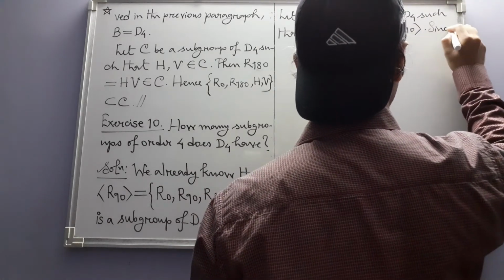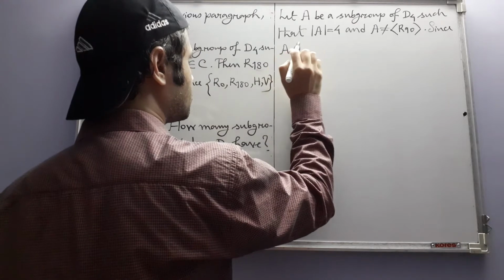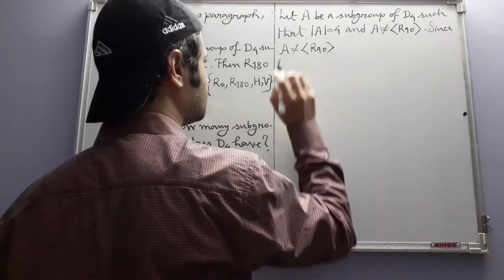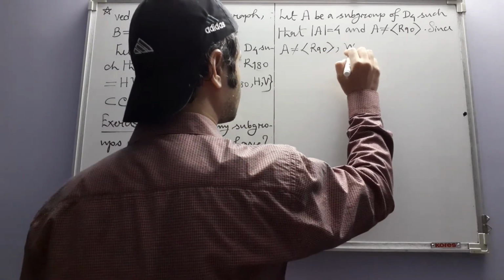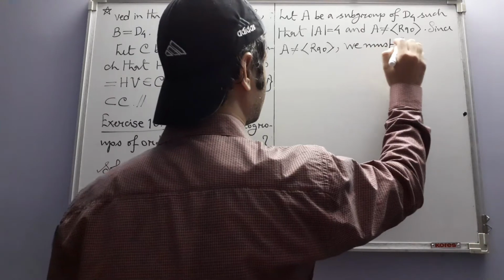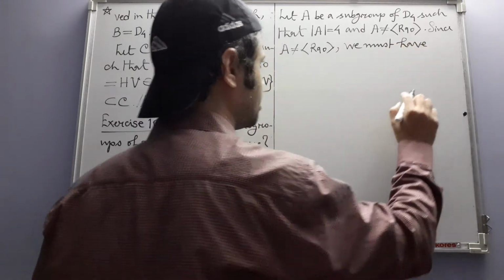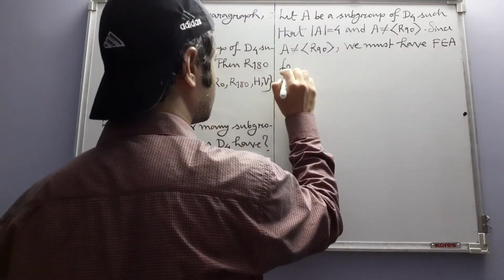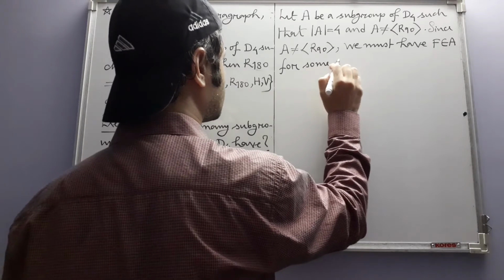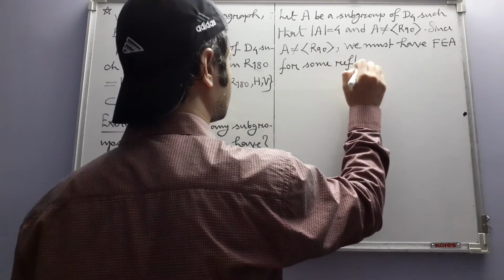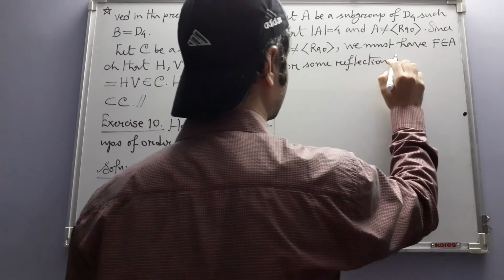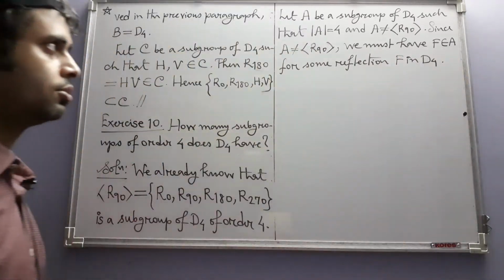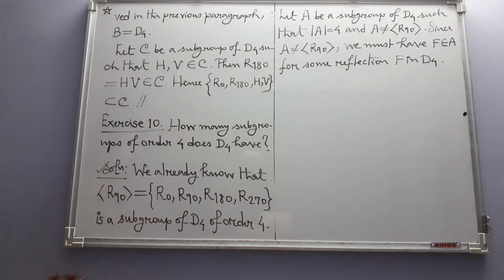Since A is not equal to this cyclic subgroup, we must have f belonging to A for some reflection f in D4. Now we should be careful.